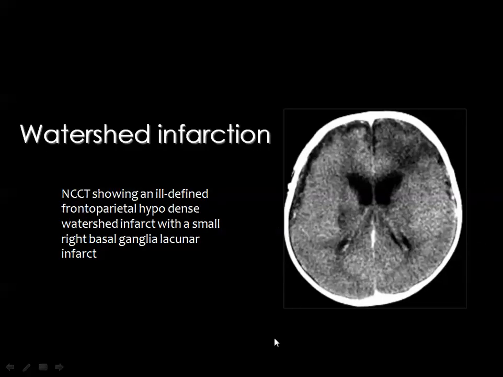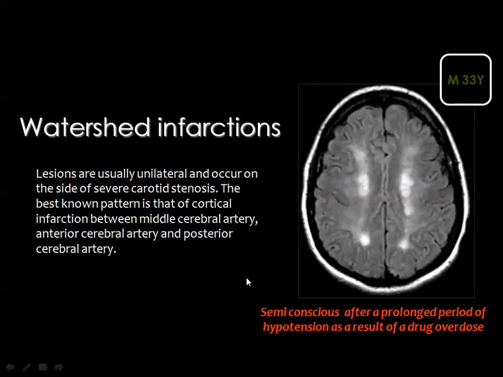And of course, the watershed infarctions are the sequelae of a drop of the blood pressure that is unable to maintain the capillary pressure essential for tissue perfusion. Then you've got an ischemic area between the vascular territories like this one between the anterior cerebral and the middle cerebral. And these are also watershed infarctions between the cerebral vascular territories.